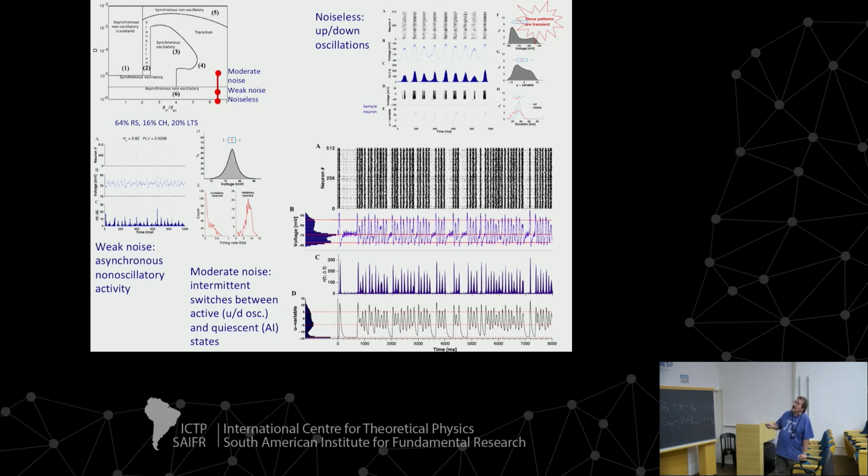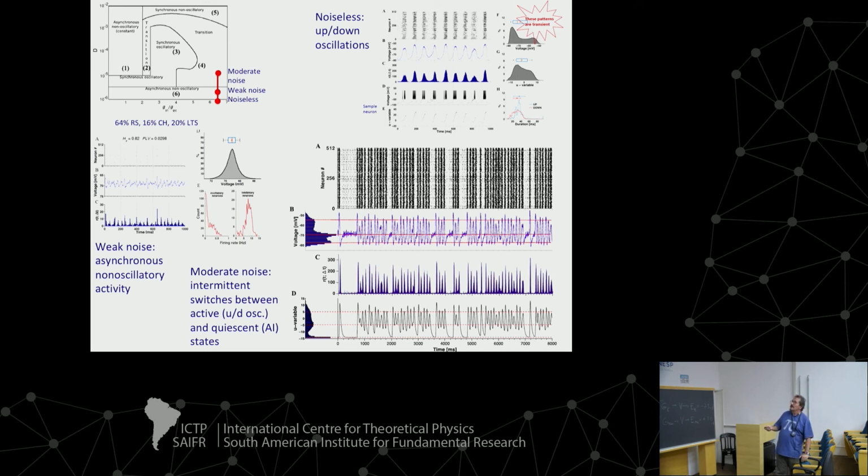But for moderate noise, which is not really large but larger than the weak noise, you recover the oscillatory phase and you also recover the up and down oscillation. On top of that you have the fluctuations around rest.